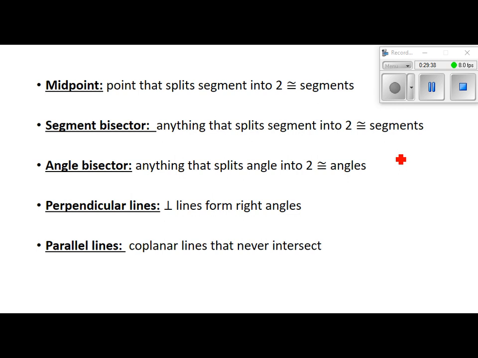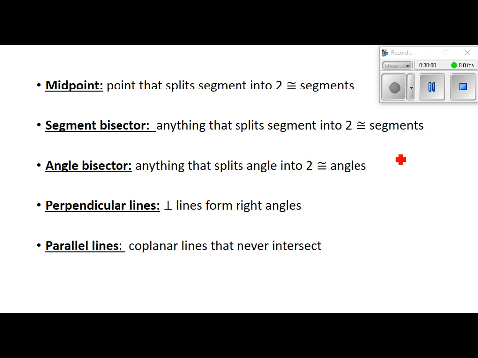Midpoint: a point that splits a segment into two congruent segments. If you need to draw yourself a little picture there, then draw it. Segment bisector: a midpoint is a segment bisector. But does a segment bisector always have to be a midpoint?